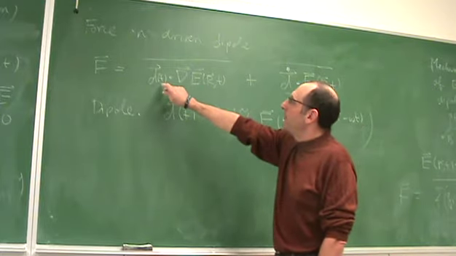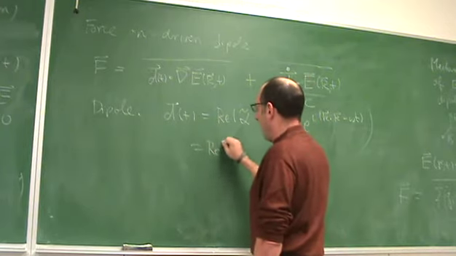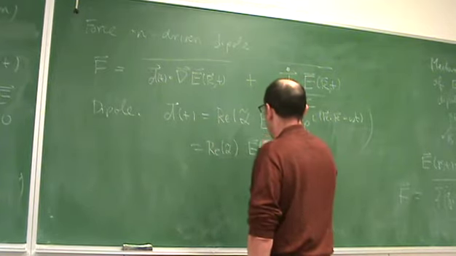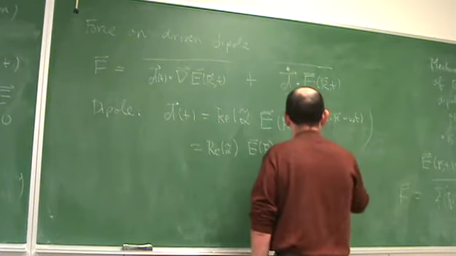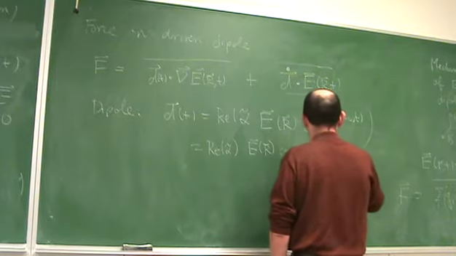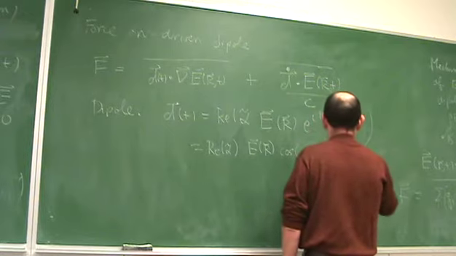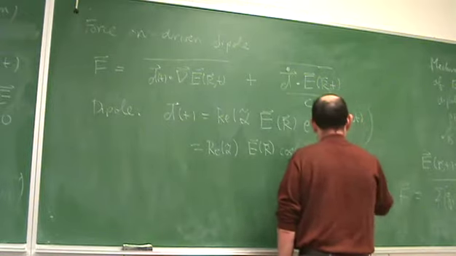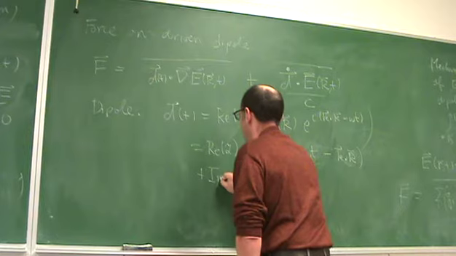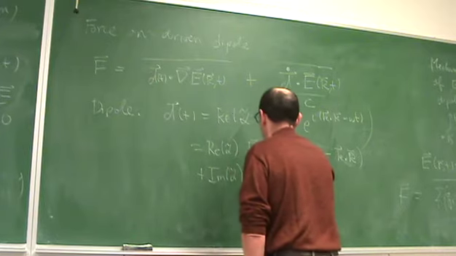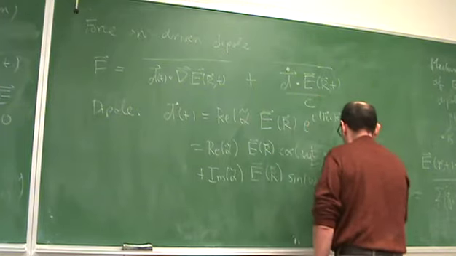We're looking at the time average of d dot E. Remember, this is equal to the real part of this cosine k dot r minus, let me write it the other way, omega t minus theta, plus the imaginary part, sine minus theta.